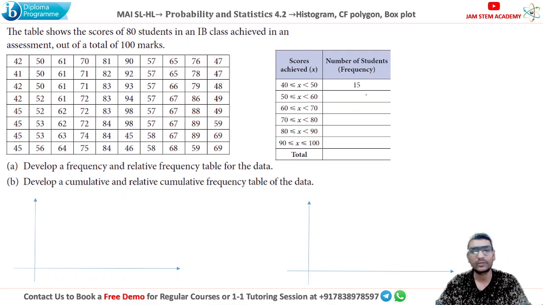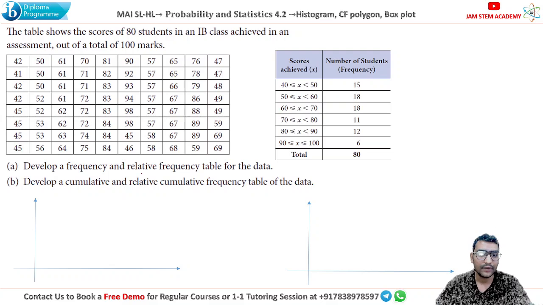So there are actually 15 such values. In this way, we can fill the table. For 50 to 60, there are 18 values, and so on, like 18, 11, 12, and so on. In total, the data contains 80 students. So this is the frequency distribution table. Now, reading these values is much easier than reading this part, right?